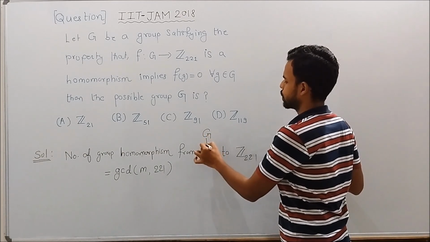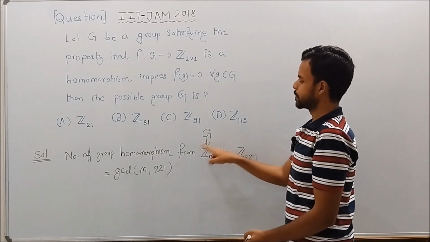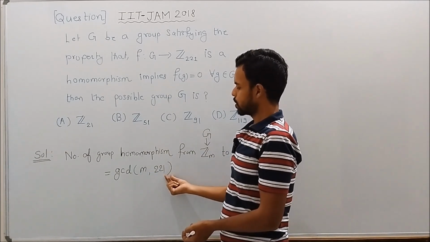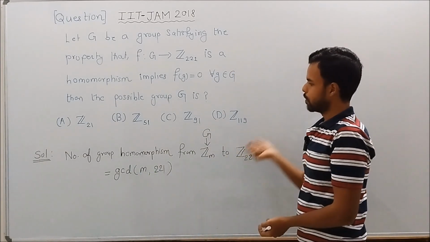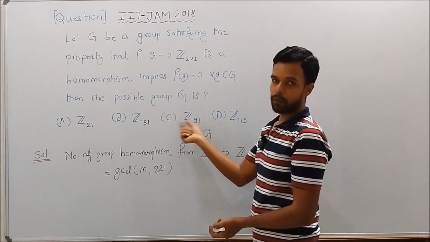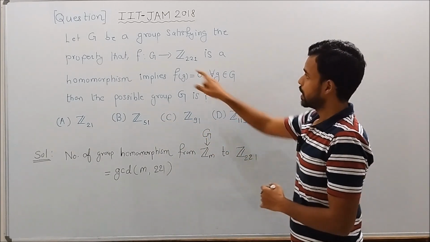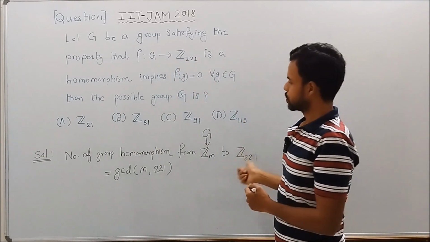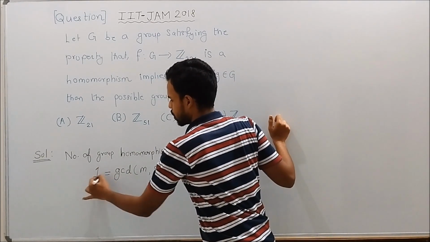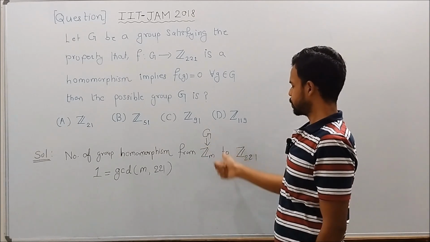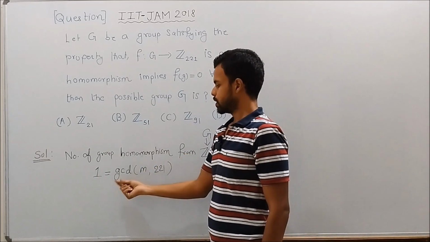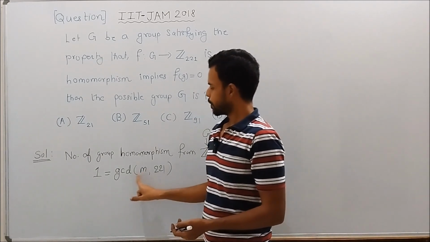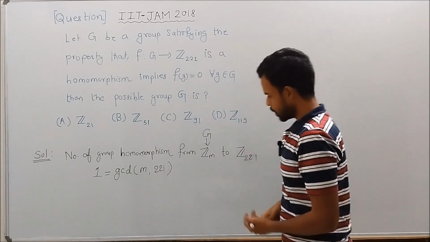We will determine the value of m from this formula so that we can select the correct option. What is given? There is only one homomorphism from G to Z221. So the number of group homomorphisms from G to Z221 is 1, which equals GCD of m comma 221. Now we will determine the value of m from here.